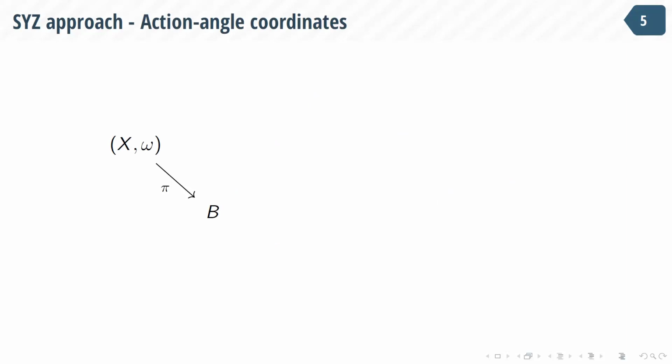So in the Strominger-Yau-Zaslow construction, one has to start from the symplectic side of the story, and it relies on a famous result in classical mechanics, the Arnold-Liouville theorem, which says that when we have a Lagrangian torus fibration, where Lagrangian means that the symplectic form, when restricted to the fiber, is 0, and a Lagrangian fibration between compact manifolds, the fibers must be tori.